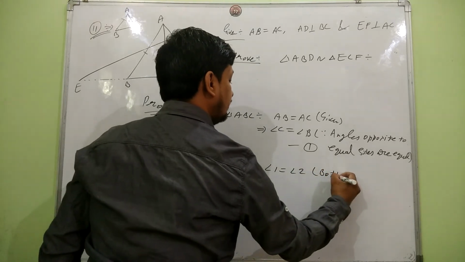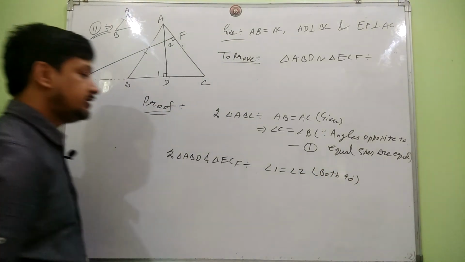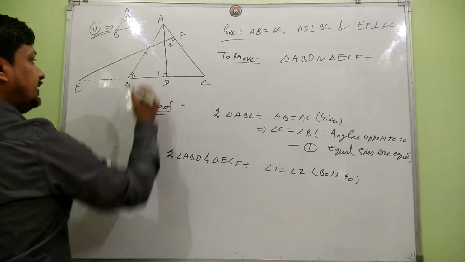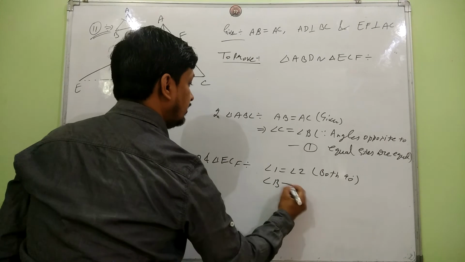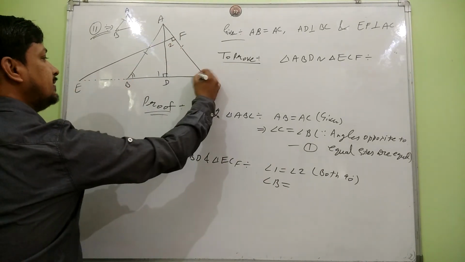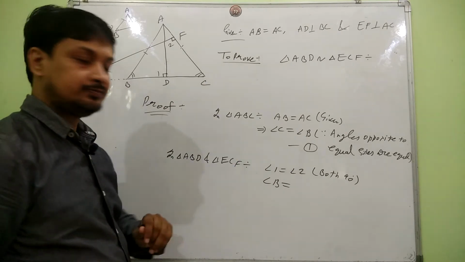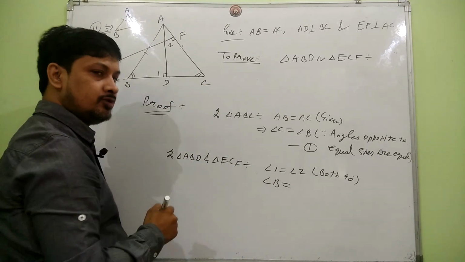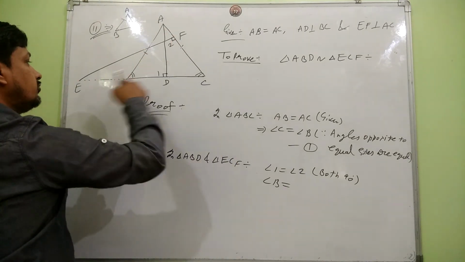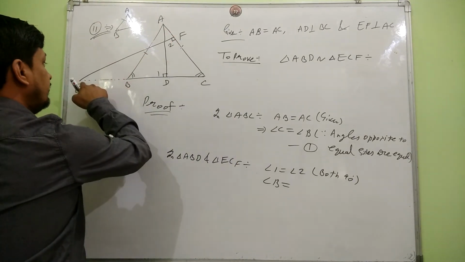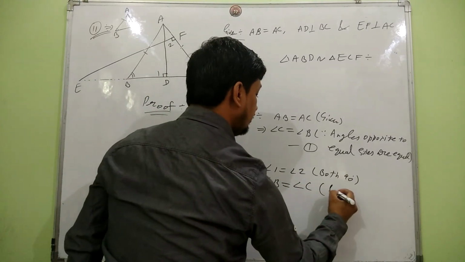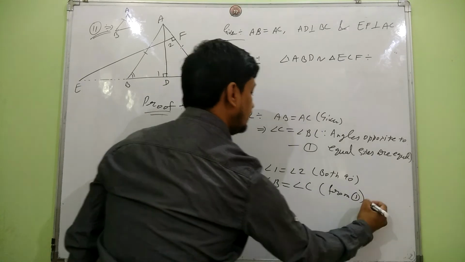Why? Both are 90 degrees. Second, angle B of triangle ABD and angle C of triangle ECF are equal. We just proved it, so we used that here. Angle B of the first triangle ABD is equal to angle C of triangle ECF, from equation number 1.